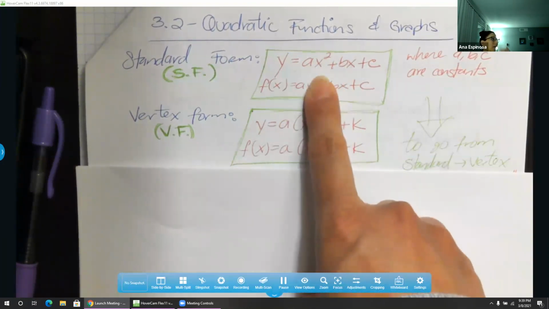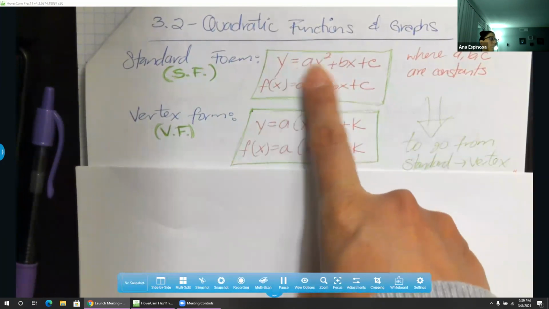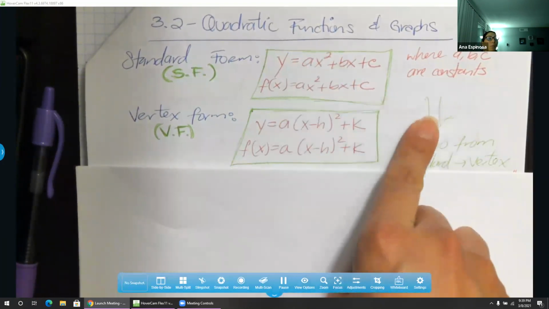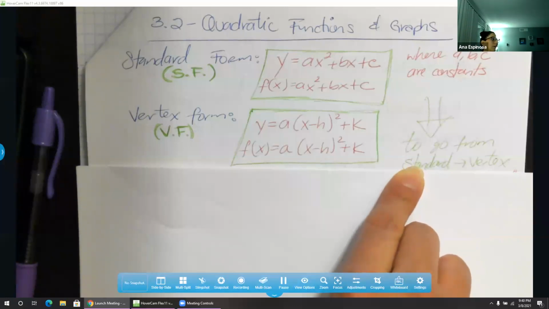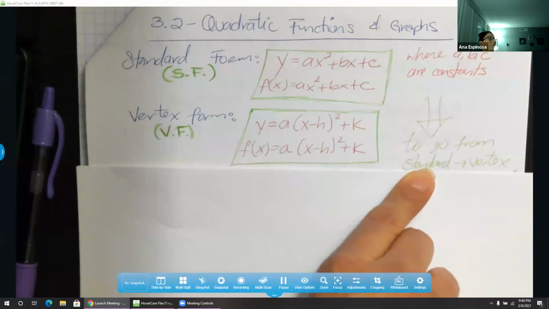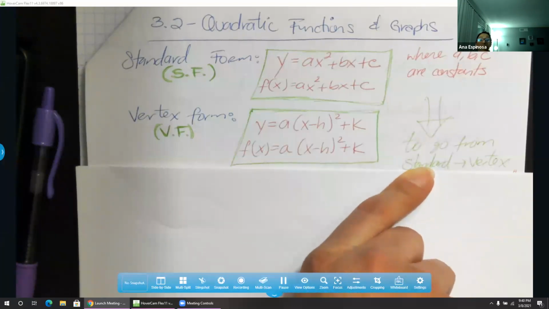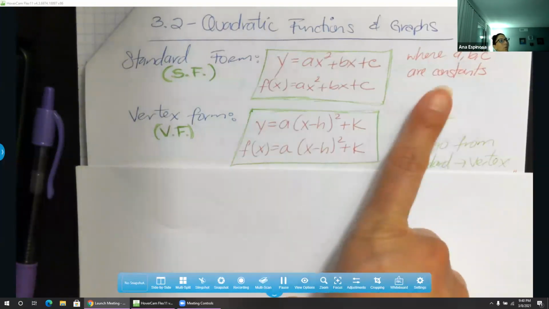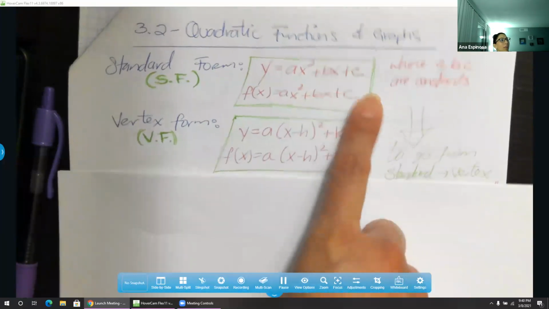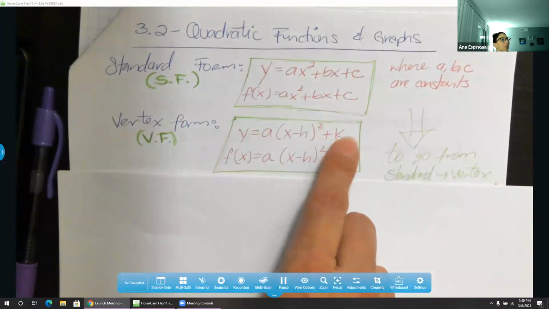If you want to go the opposite way, from standard to vertex, that's a little bit rougher to figure out, and that requires completing the square, which is another one of the worksheets that I have up there.